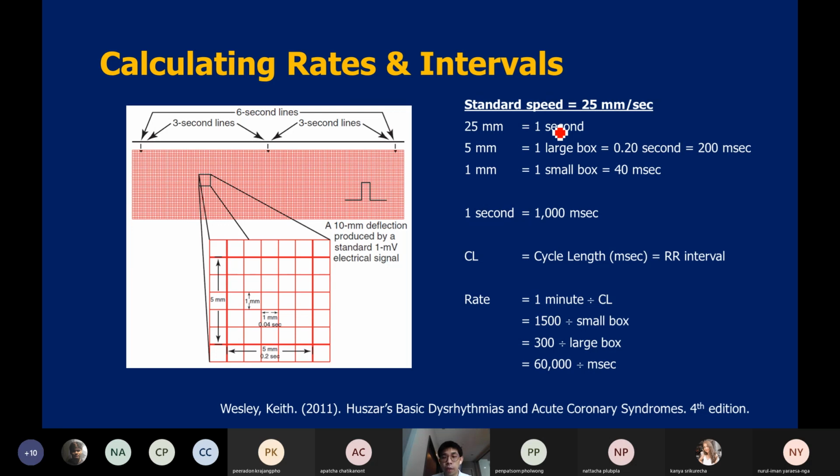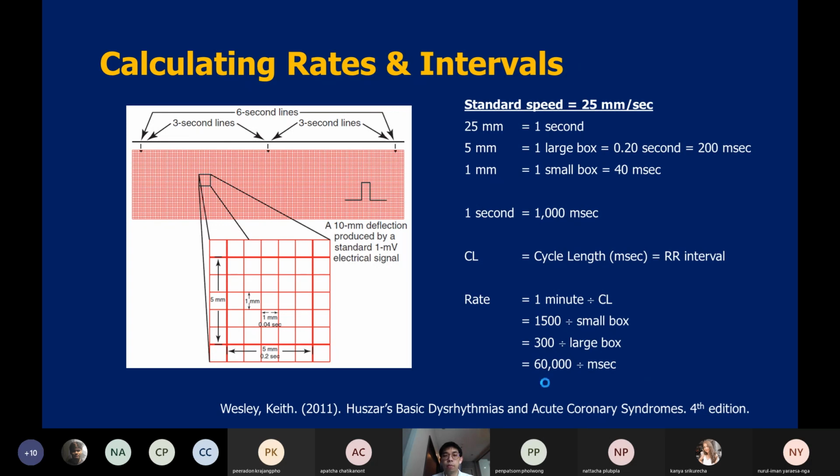If you want to calculate the rate per minute, it is 1,500 divided by the number of small boxes, or 300 divided by the number of large boxes, or 60,000 divided by the milliseconds. In clinical practice we usually use the last one, 60,000 divided by the cycle length in milliseconds, and we use 300 divided by large boxes on the surface ECG.